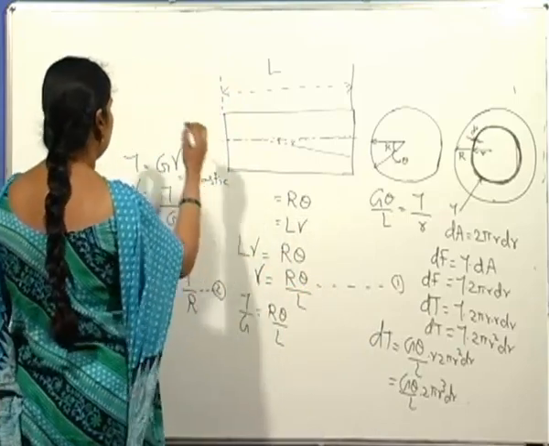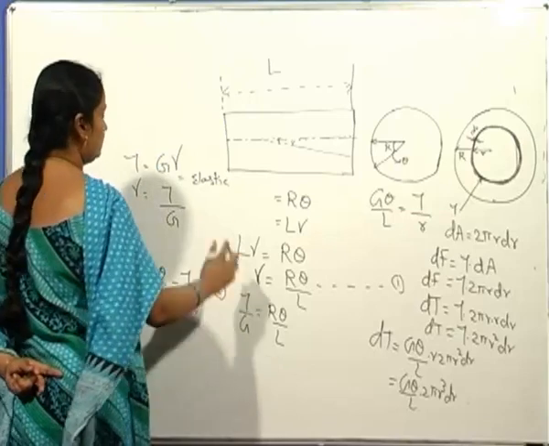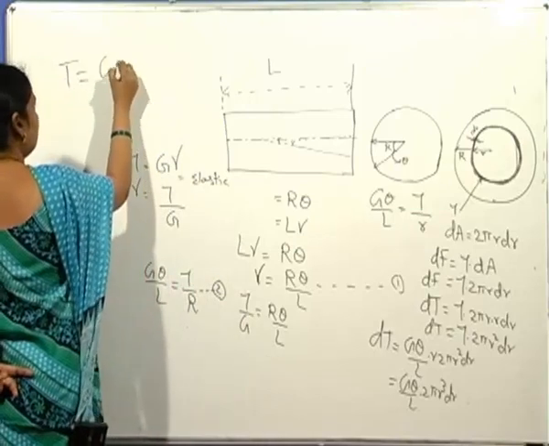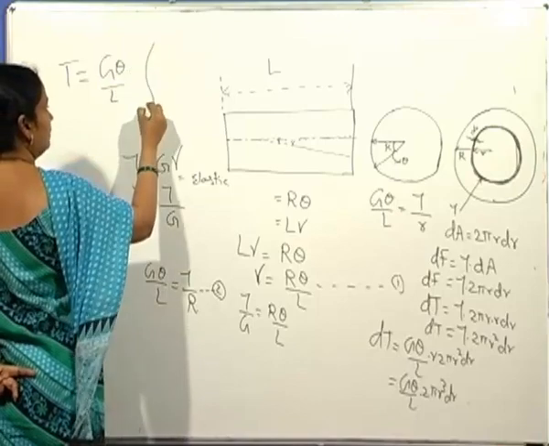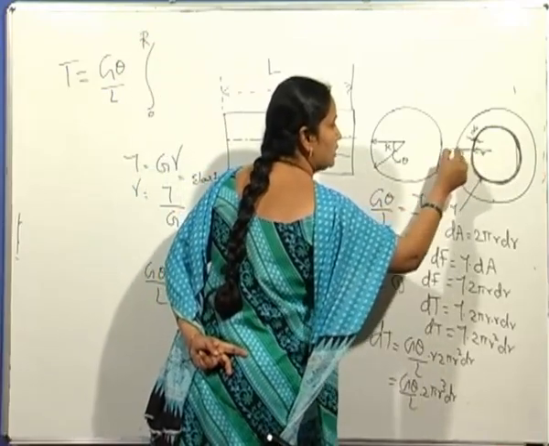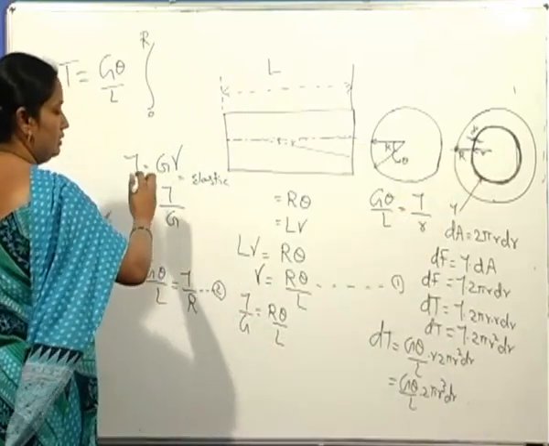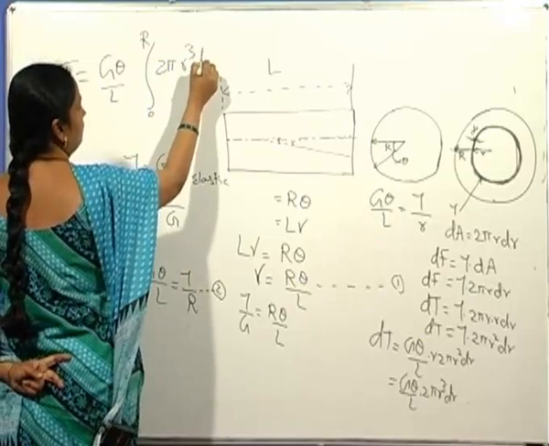So on integrating, the torque acting on the whole cross section is equal to G theta by L, integral 0 to capital R, 2 pi r cube dr.